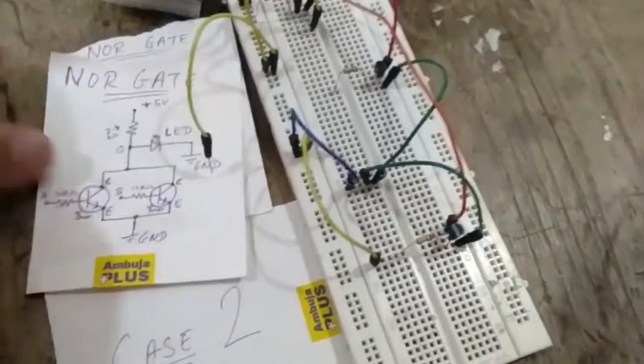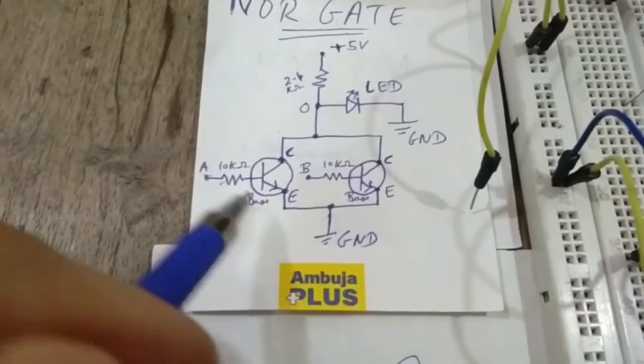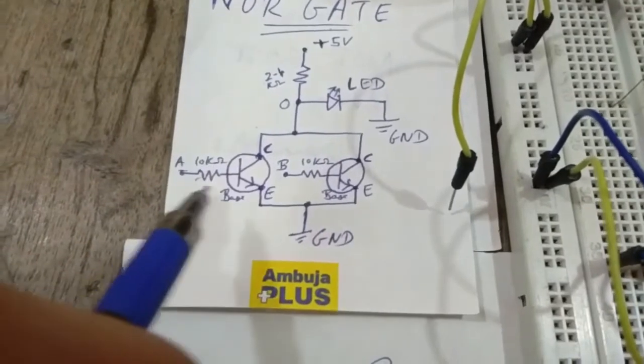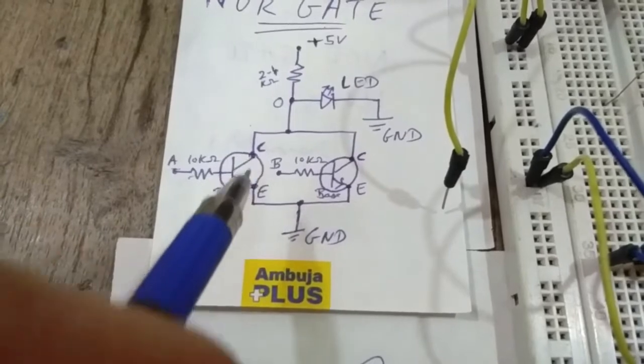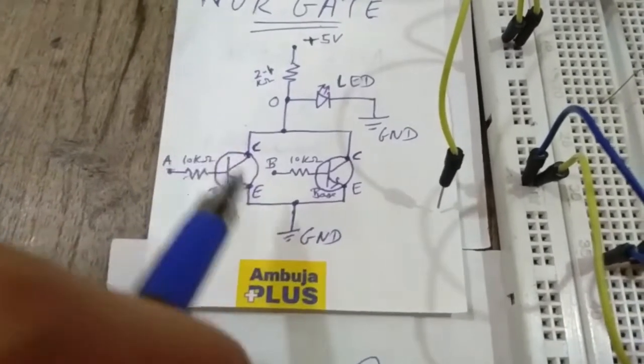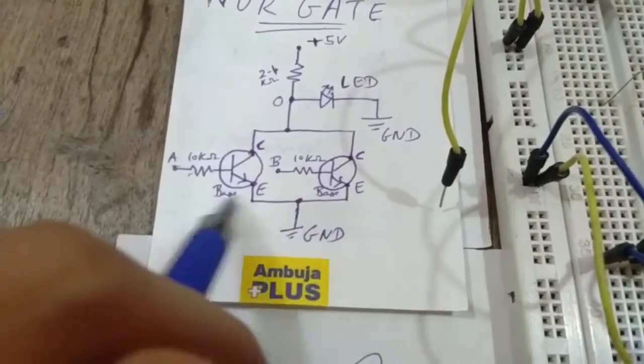Now let me explain what happens here. When a 5-volt supply is applied, the current passes to the collector pins of both transistors. Since A is 0, there is no connection between the collector and the emitter terminal of the first transistor.